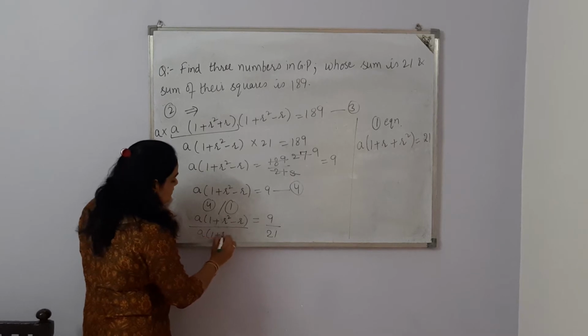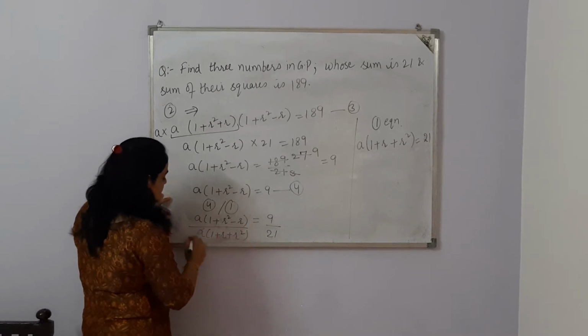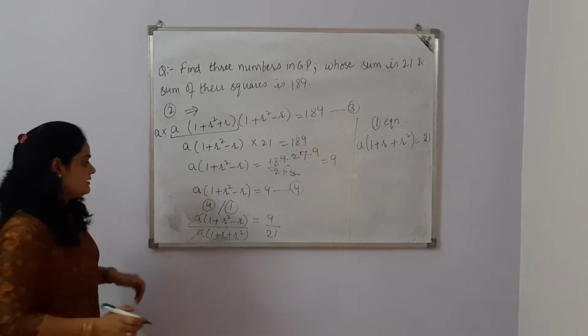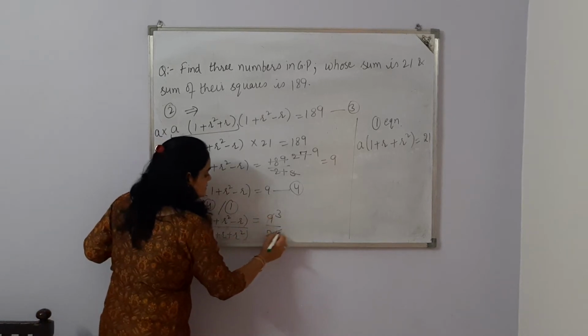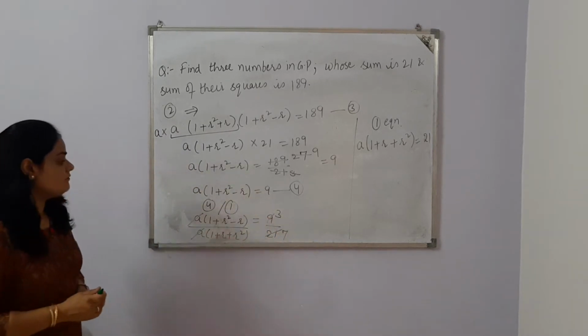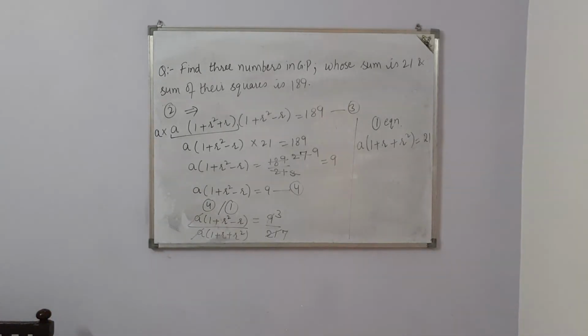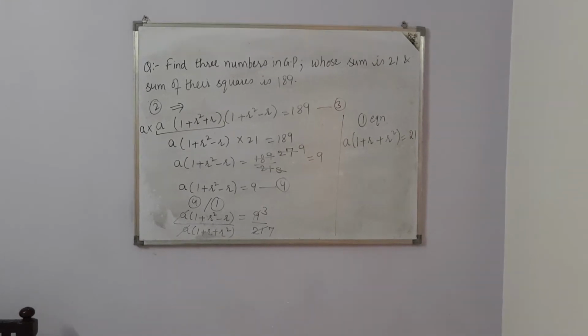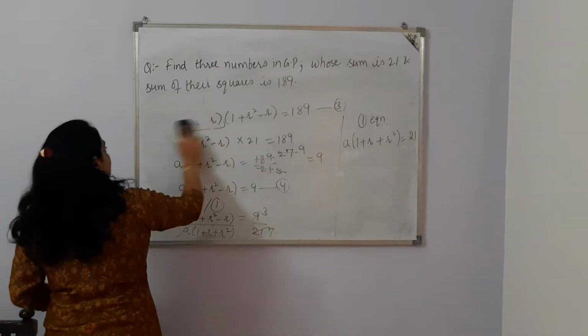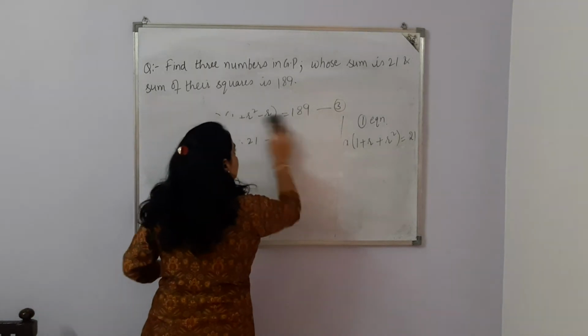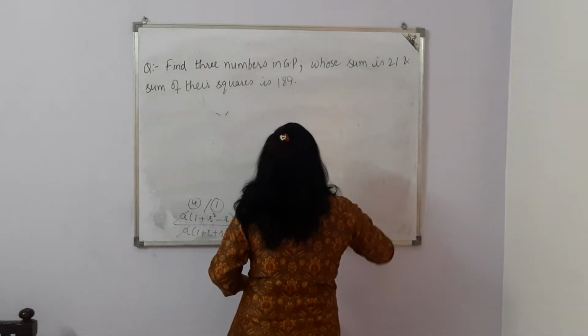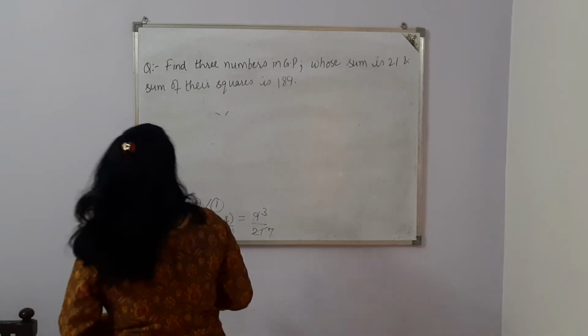A into 1 plus r square, a will cancel out with a. 3 3s are 9, 3 7s are 21. So can I do cross multiplication here? So after cross multiplication, what will we get?